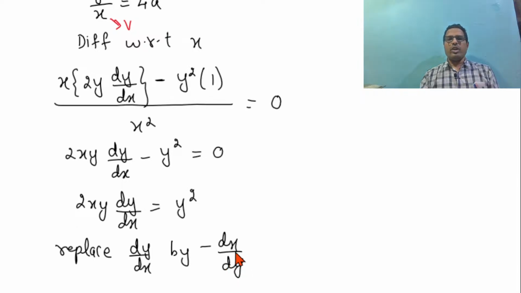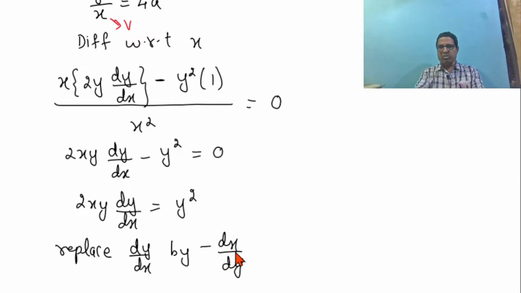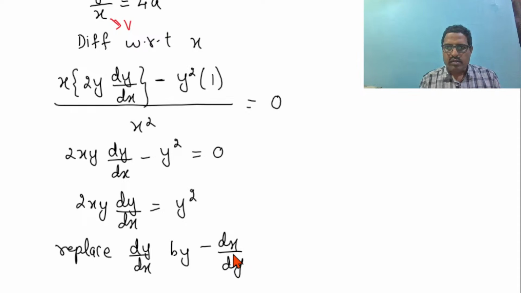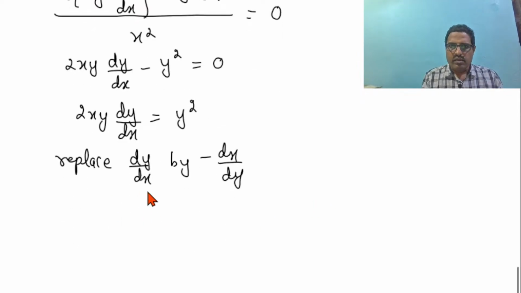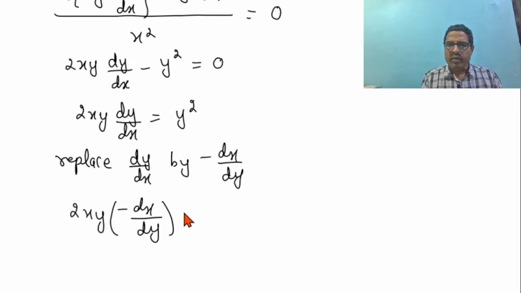This gives 2xy into minus dx by dy is equal to y square.